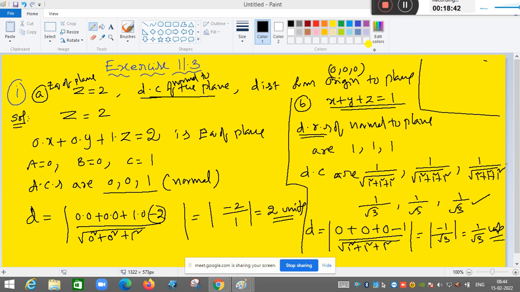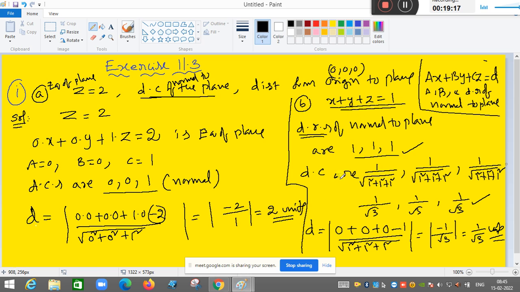The standard form of a plane is ax plus by plus cz equal to some d, where a, b, c are direction ratios of the normal to the plane. So the x coefficient, y coefficient and z coefficient are the direction ratios of the normal.